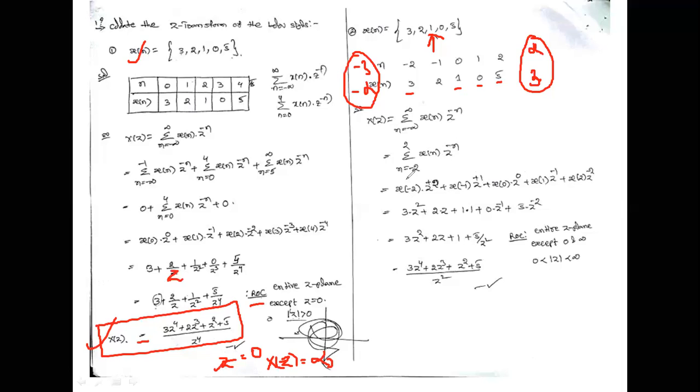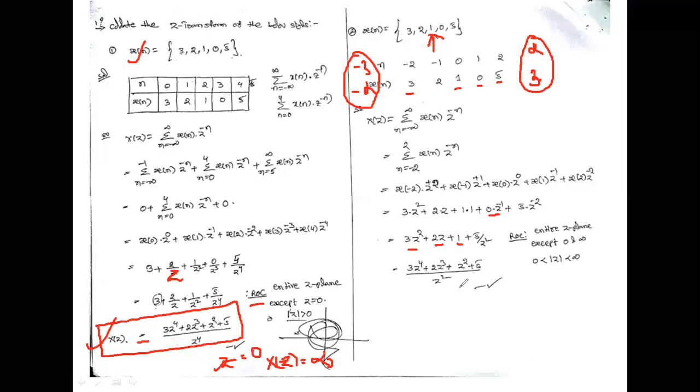So the first term, substituting n is equal to minus 2, the value is 3 into z square, and here the value is 2 into z, and at 0 the value is 1 into 1, and at n is equal to 1 the x of n value is 0, and 5 into z power minus 2. So 3z square, 2z, 1, and this term is 0, 5 by z square.